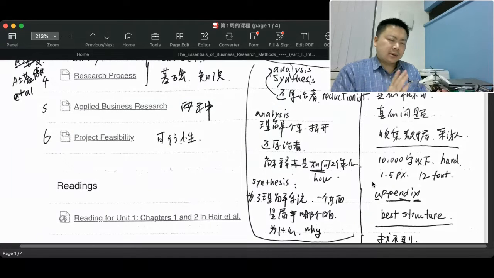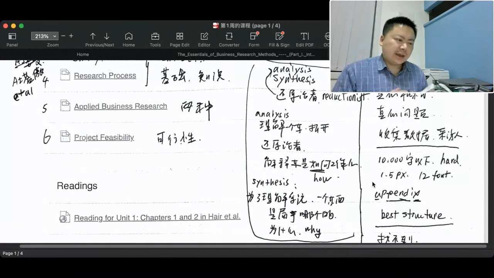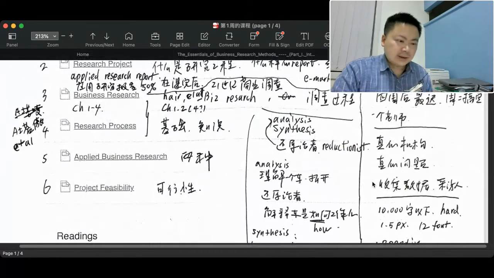So synthesis would be to understand which bigger part this small part belongs to, and why. The analysis is just to understand how many parts are making up this helicopter. I hope my understanding is correct.